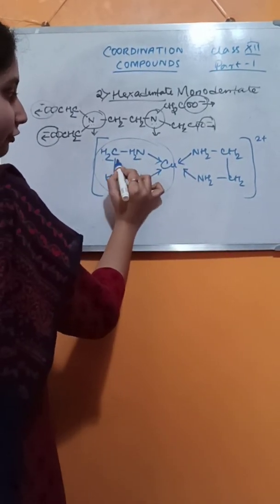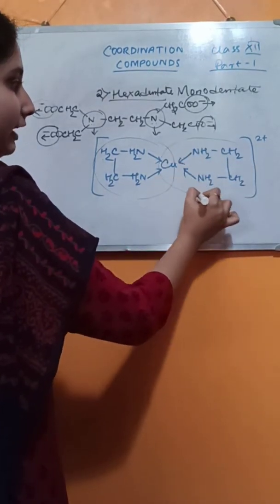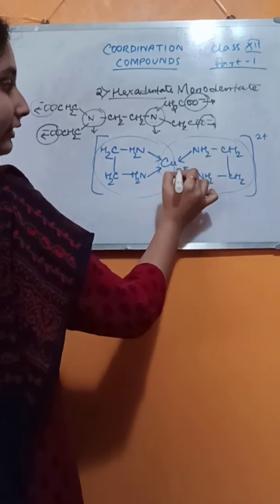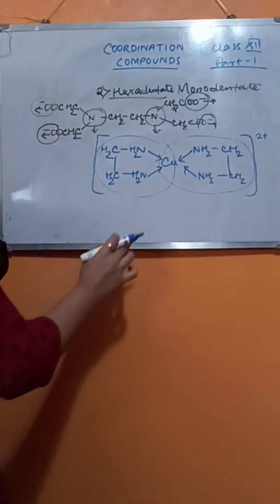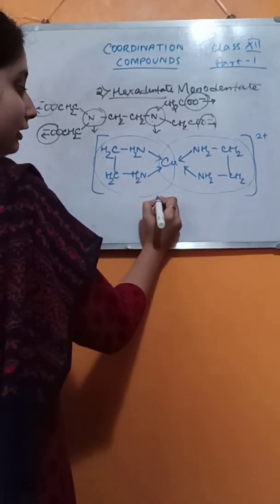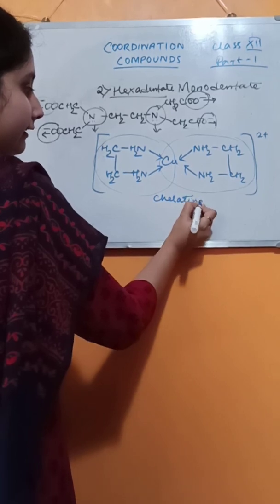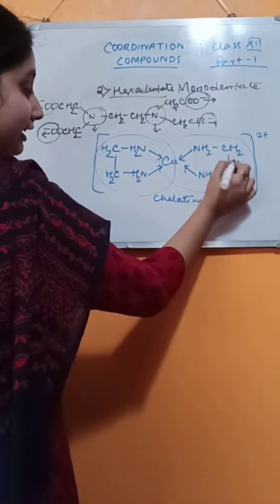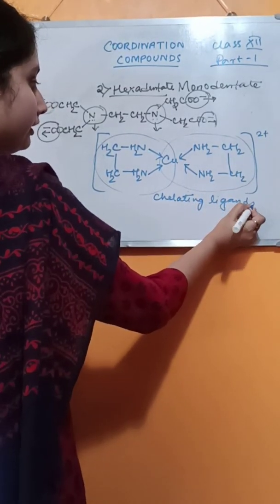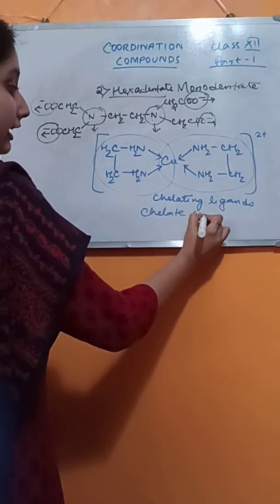See, it has formed a ring with the metal ion. These types of ligands which form a ring with the metal ion are known as chelating ligands, and the complexes are known as chelate complexes.